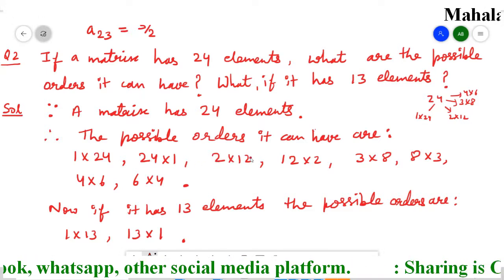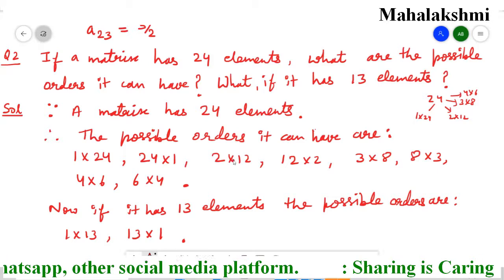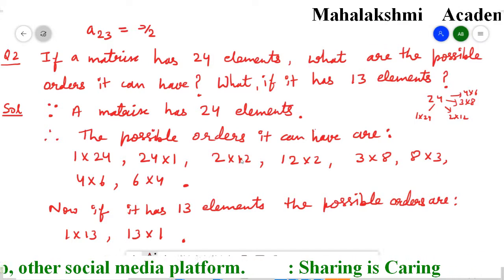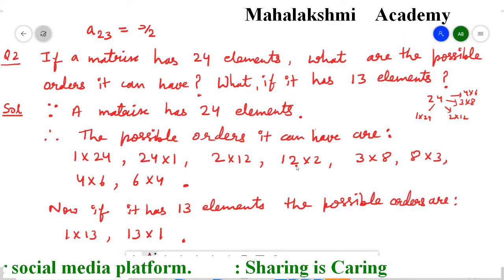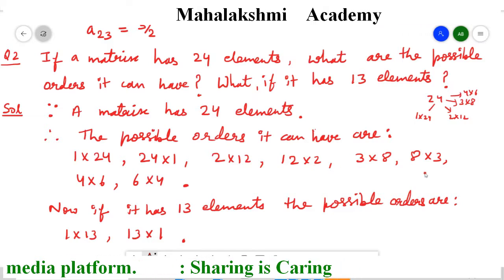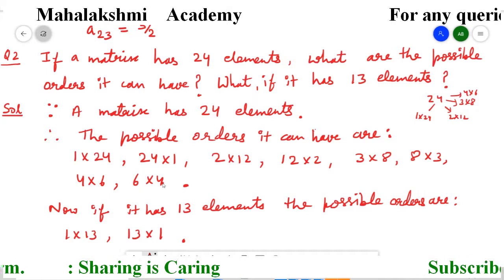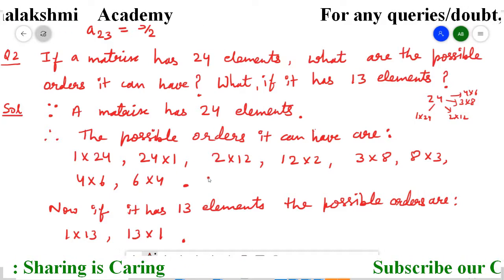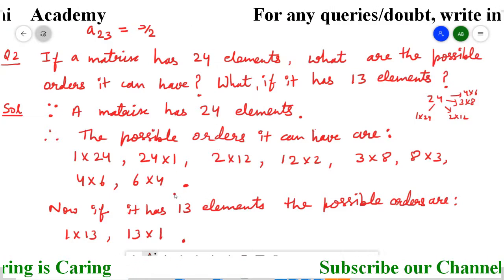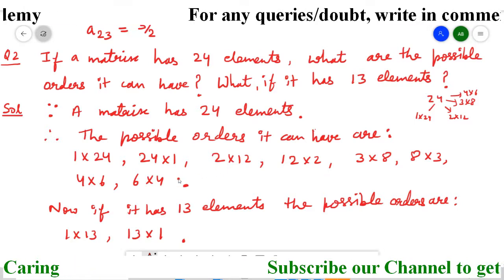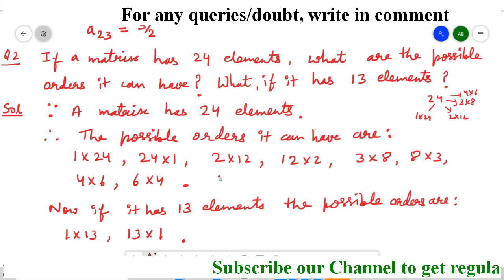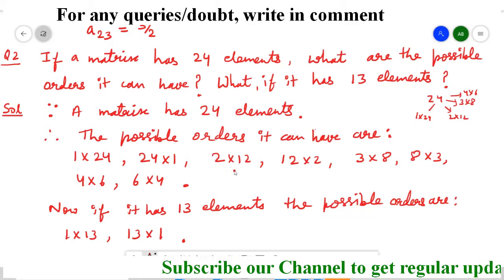Then 2 into 12 means 2 rows and 12 columns, and 12 into 2 means 12 rows and 2 columns. In the same way, 3 into 8, 8 into 3, 4 into 6, 6 into 4. All the factor pairs of 24, write them down like this; there is no other possible pair. So like this we calculated the orders.